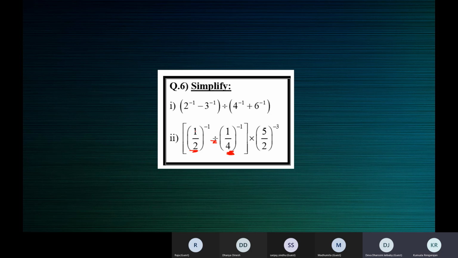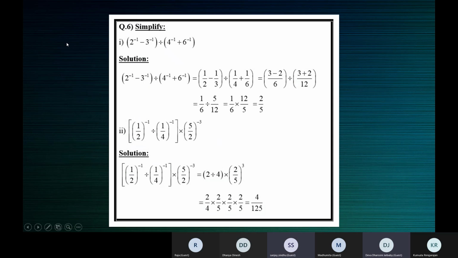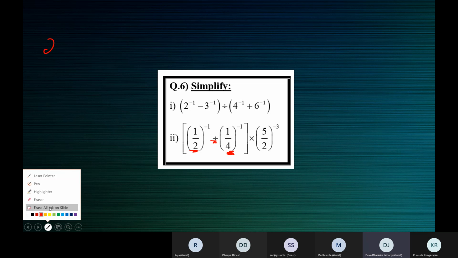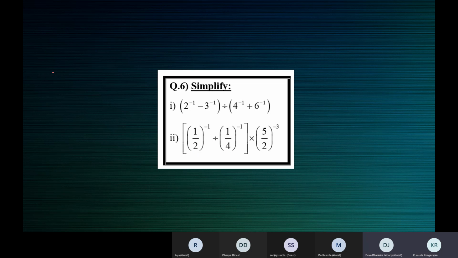What is the equivalent of 1 by 2 to the power minus 1? 2 by 1 to the power 1, ma'am, which is 2 to the power 1. 4 divided by 4 by 1 to the power 1, ma'am. Correct. Then into 2 by 5 to the power 3, ma'am.